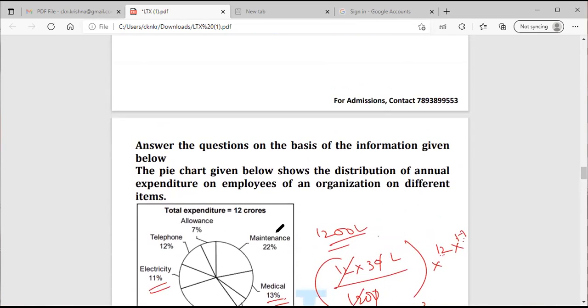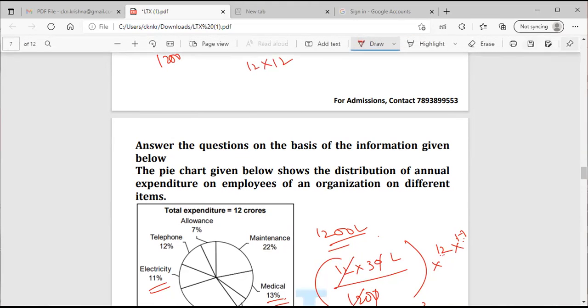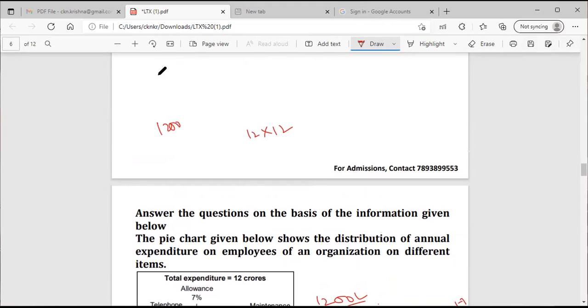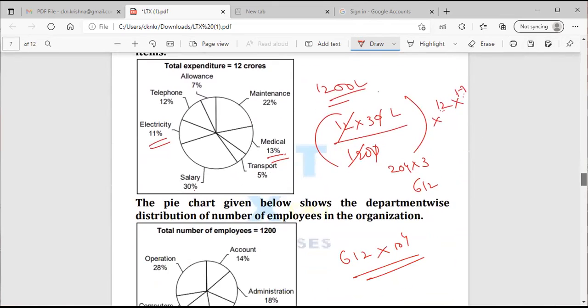The telephone expenditure is 12%, which is 12 into 12 lakhs. This is the telephone expenditure. By total number of employees is 1200. Computer science department, right? Computer department.